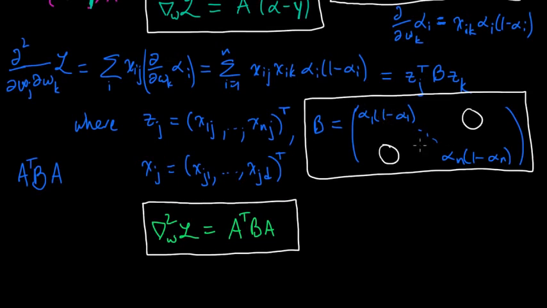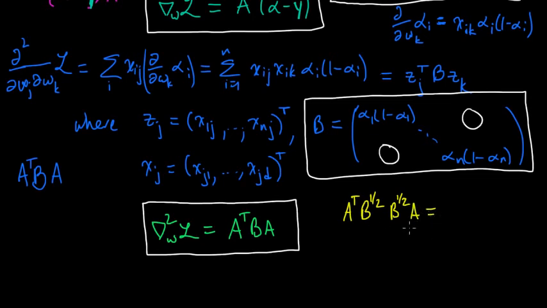So the square roots of each of these entries exist, and they're real valued. We can take the square root of this B matrix, and that's a real symmetric square root.